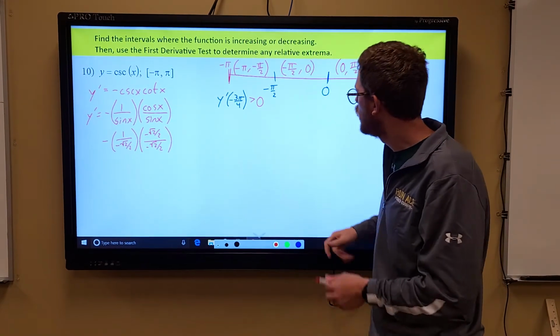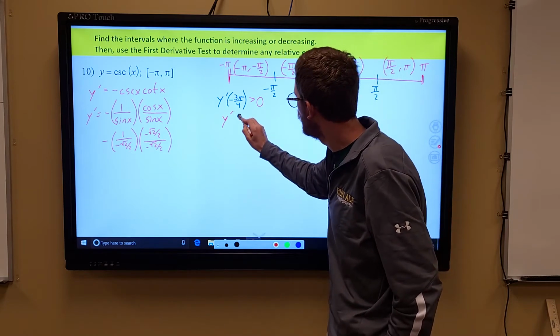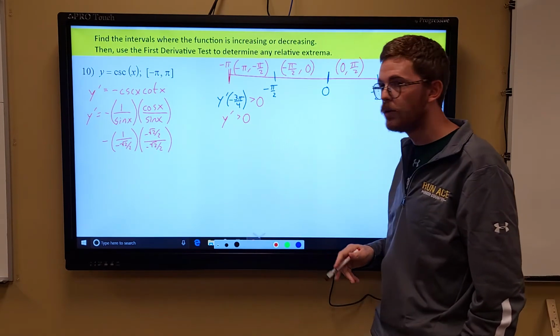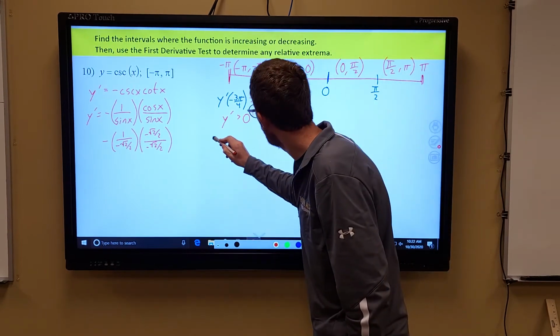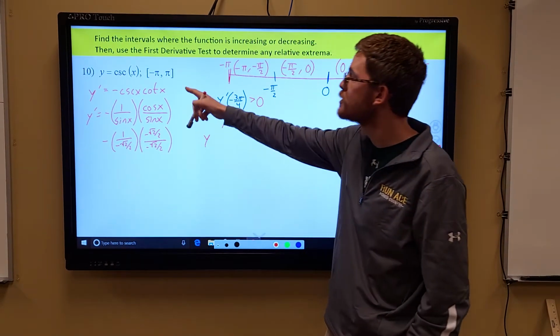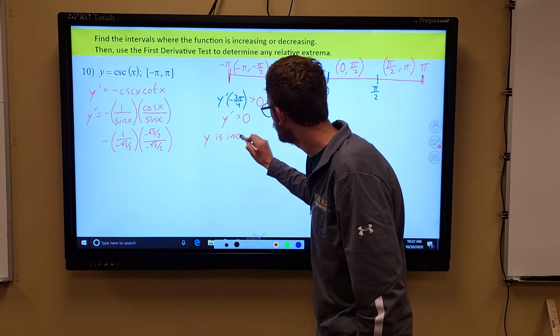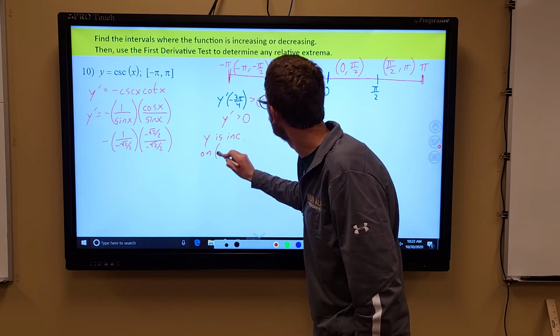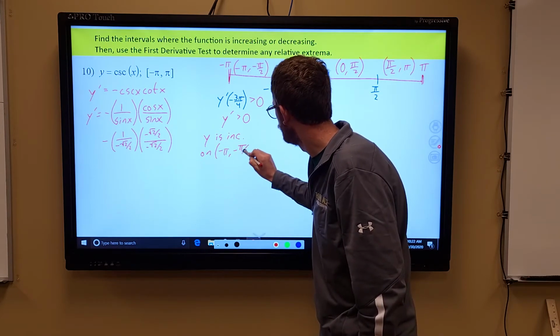So I can see right here that every x value on this interval is going to make my first derivative positive. And so on this interval, my original function, cosecant of x, is increasing on my interval from negative pi to negative pi over 2.